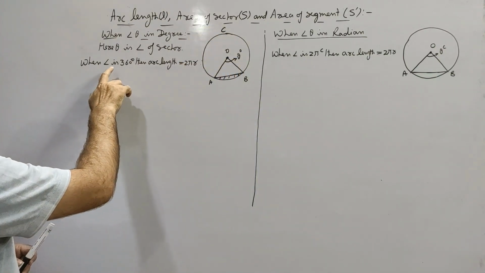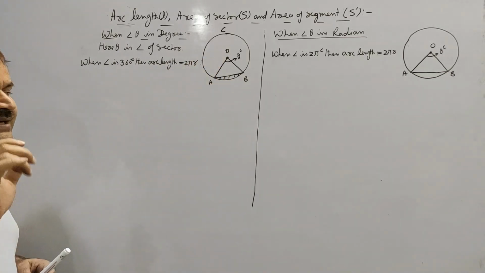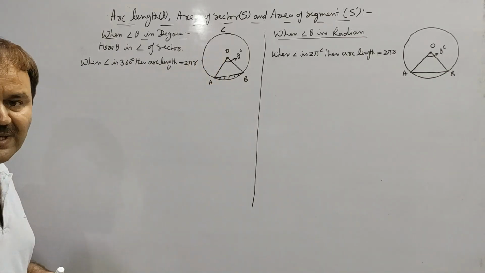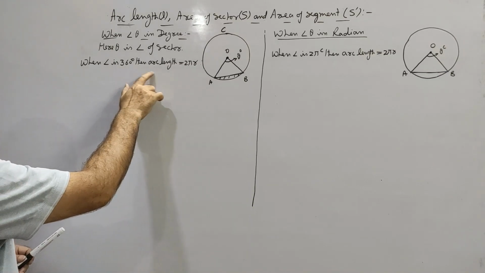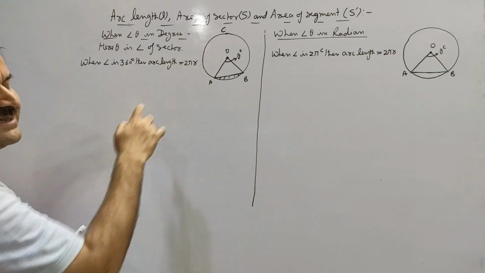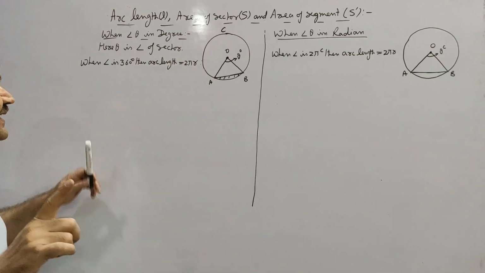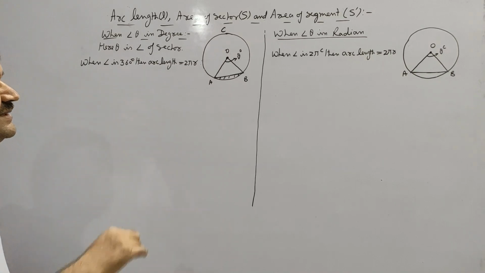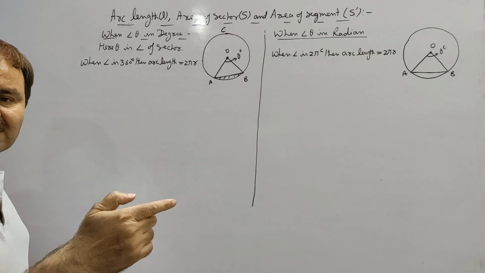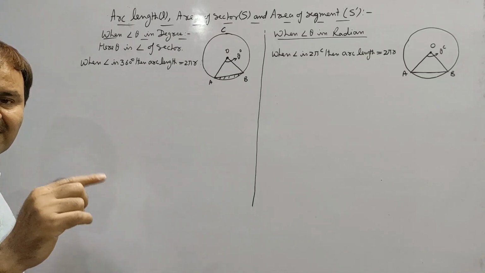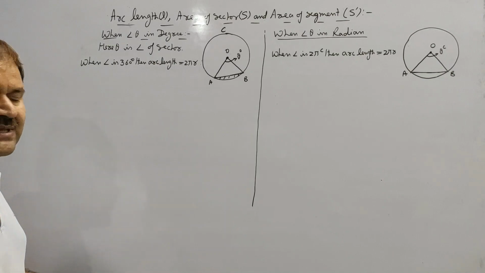So when the angle at center is 360 degree, the arc length is 2 pi r. When the angle is 1 degree, the arc length becomes 2 pi r by 360. And if we have the arc length for 1 degree, then for theta degree we multiply it by theta.